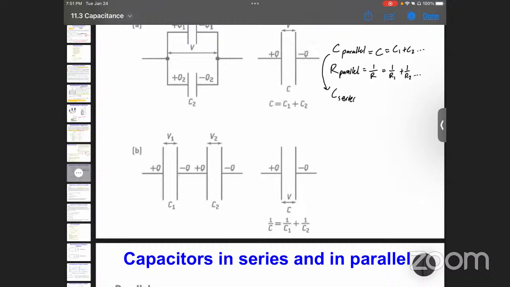So C and R are kind of weirdly related. I would say currently they are totally in reverse. If there's a relationship, that's fine. But they are in reverse, which is again, I don't want you to get confused. So R series.